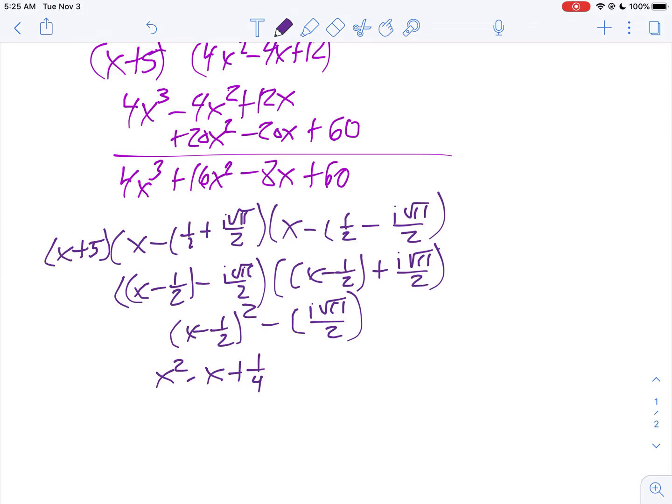If I square i square root of 11 over 2, that'll be plus 11 over 4. Sorry about that, because when you square 2, you get 4. So then we get x squared minus x plus 12 over 4, which is 3. Then we multiply that by x plus 5.